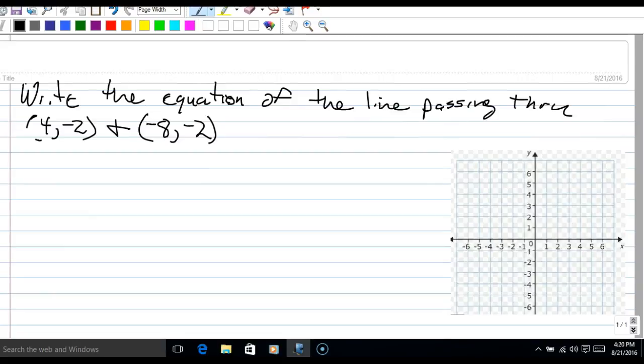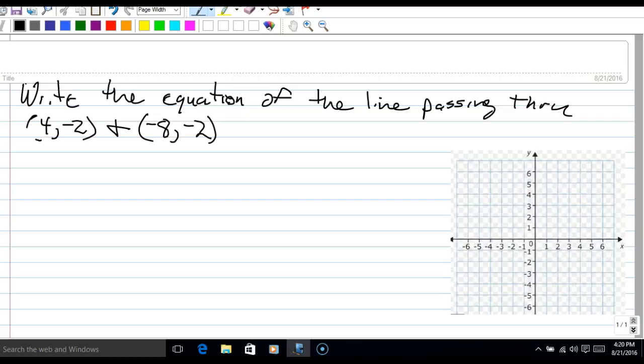Again, we're still writing the equation of lines here, and we want to write the equation of the line passing through the 2 points 4, negative 2, and negative 8, negative 2. Again, we have two formulas to write the equation of a line, and that's the point slope and the slope y-intercept.